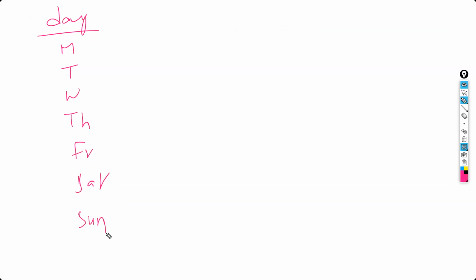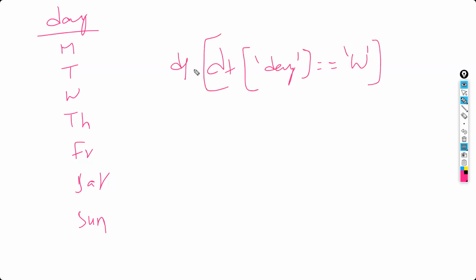Total 7 days are there. In all these 7 days, I want particularly only Wednesday. What I have to do? df of day equal to Wednesday. This one you are writing in the df.